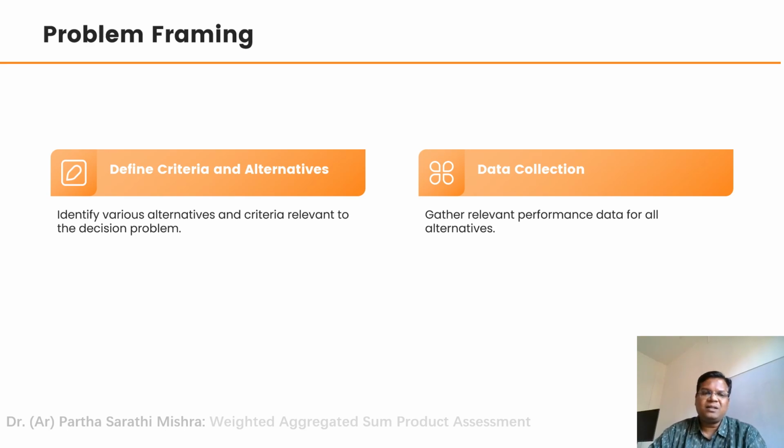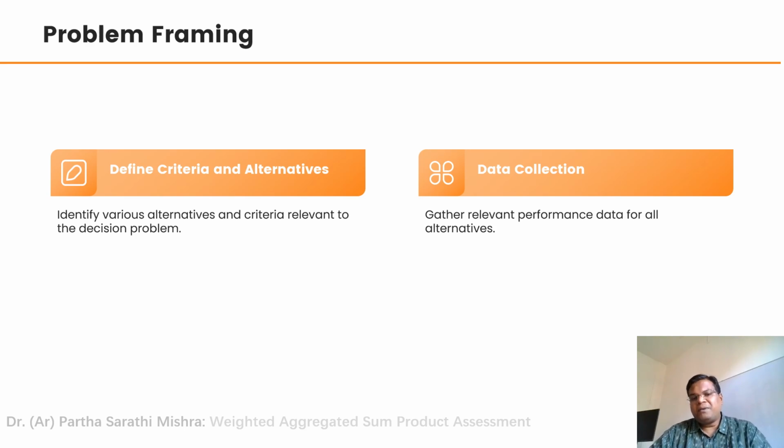Again, we should know what our final alternatives are, among which we can select the optimal solution. So that is also very much important. So identifying and selecting the parameters or the criteria or the variables along with the final alternatives is the basic thing for defining our framework. Next is the data collection.